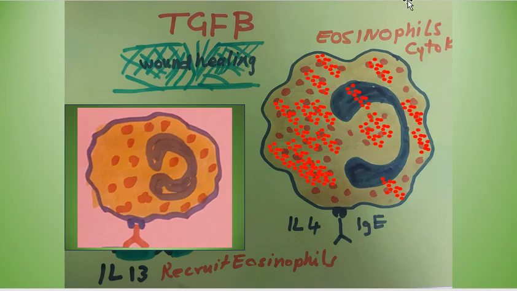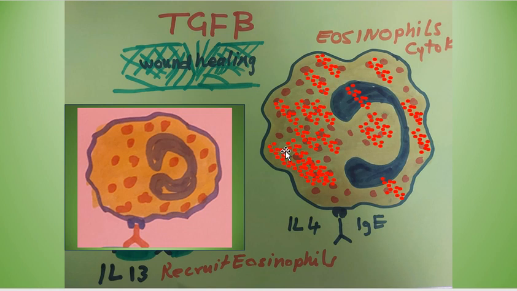And as I mentioned, eosinophils have the capacity to produce a lot of cytokines and chemokines. As mentioned before, interleukin 4 produced by eosinophils is very important for class switching to IgE antibodies.